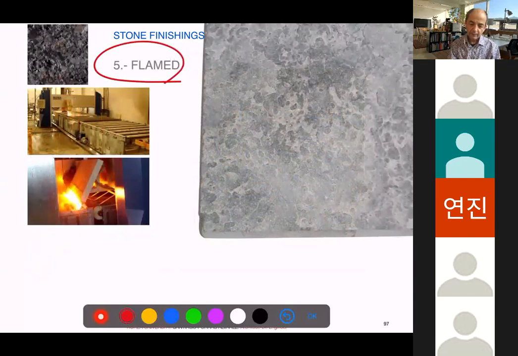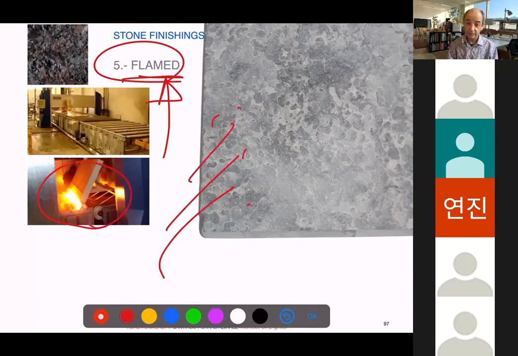It can be flamed. Flamed is most usual in Korea. You will see many stones on floors and facades flamed. That, as the name says, is done by fire. You apply fire to the surface of the stone, and then it removes the weaker parts. You have a rough texture, which looks very natural, but still has a very characteristic shape of those small thin chunks of stone, like peeled and left out.